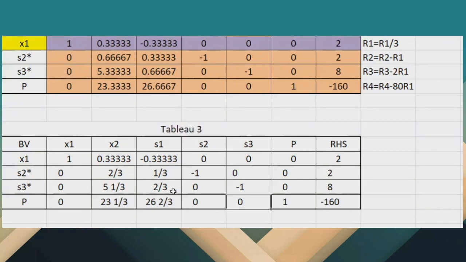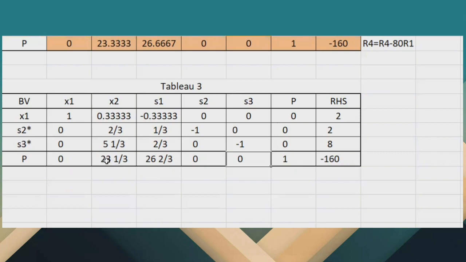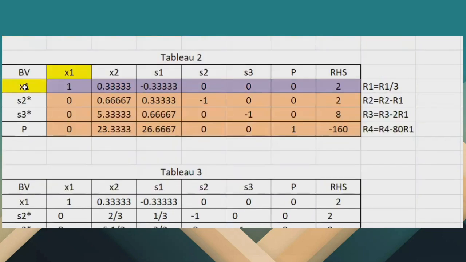So, ngayon, ulit ng process. Let us get the most positive. Kaso, kung pagpipiliin nyo, ang most positive sa last row, 23 and 1/3, 26 and 2/3, 26 and 2/3. Kaso, di ba nakapag-solve na tayo ng x sub 1 dun sa previous table, tableau 2.